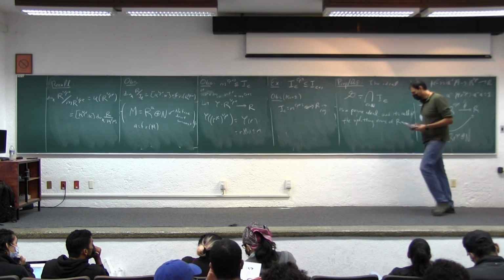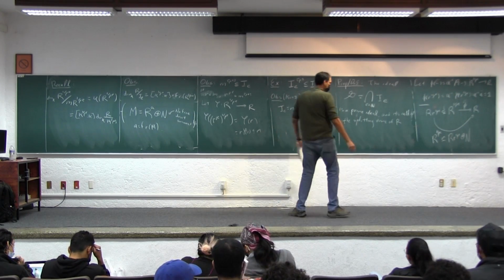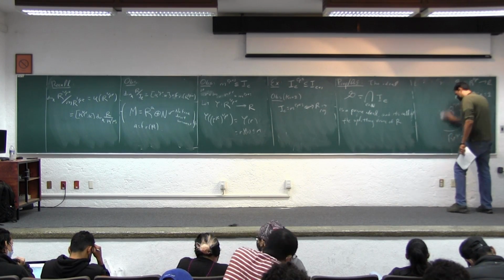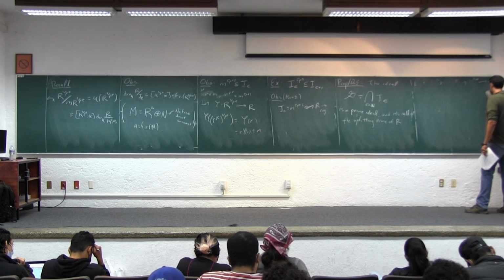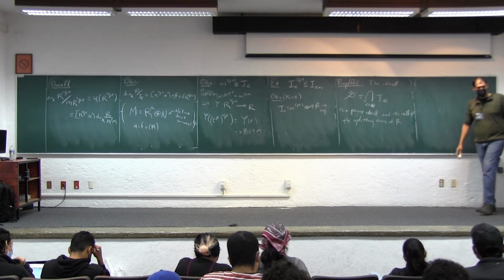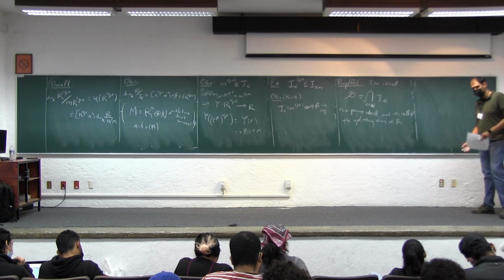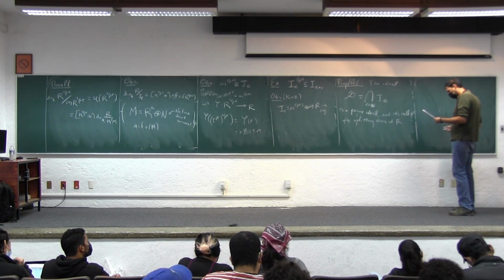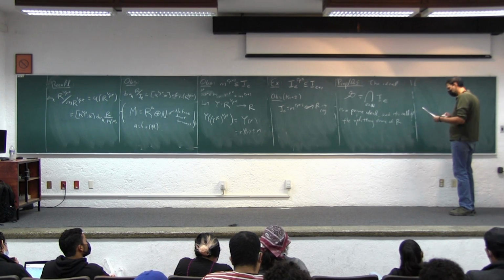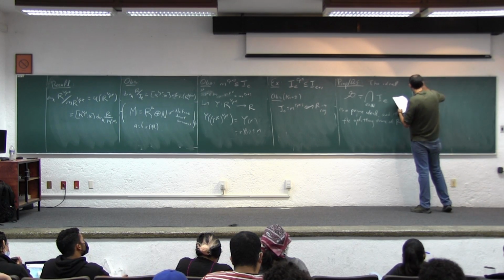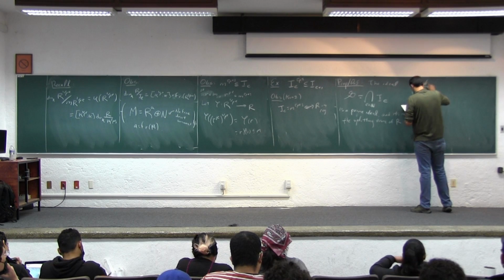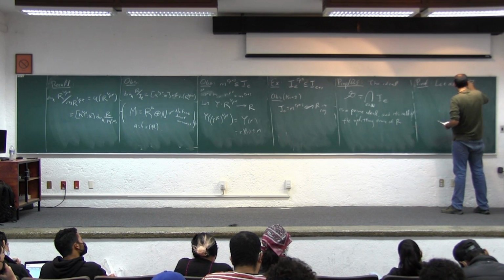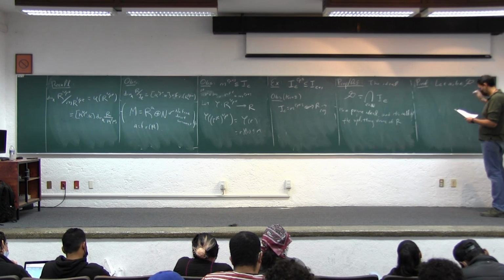Okay, so let's prove this. We already know that this is an ideal, because it's an intersection of ideals. So let a and b be elements outside this splitting prime.